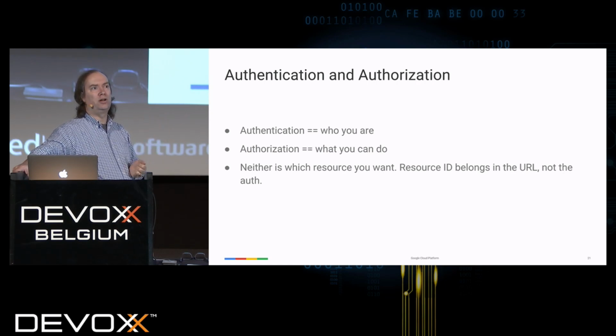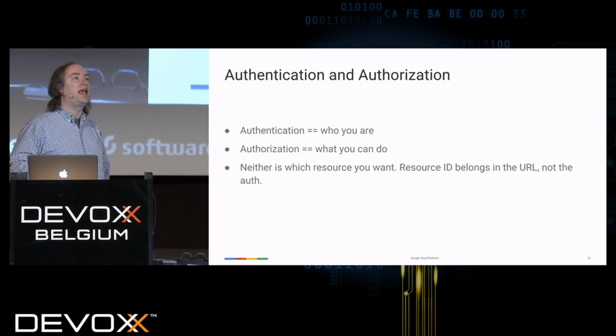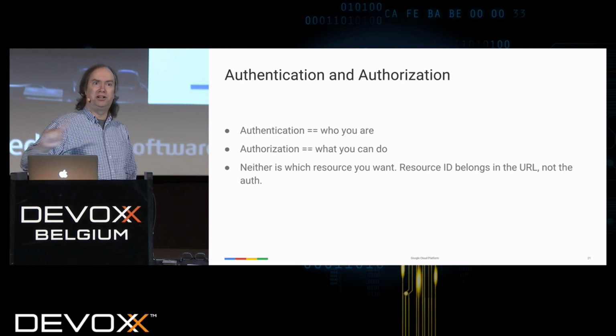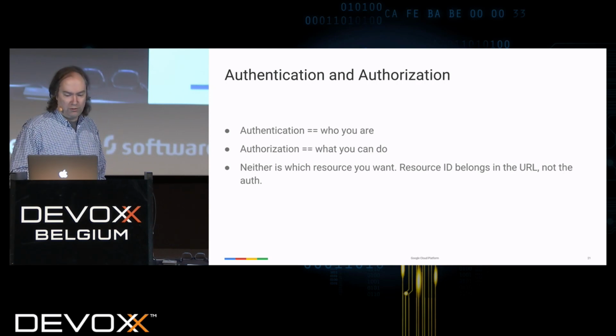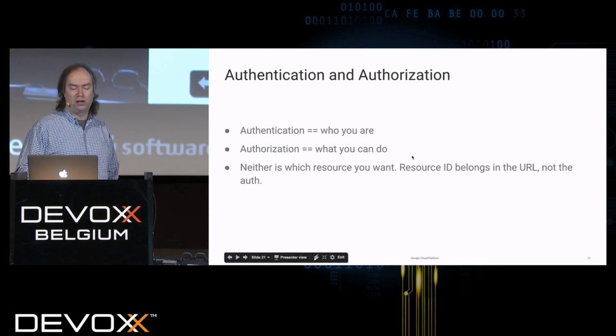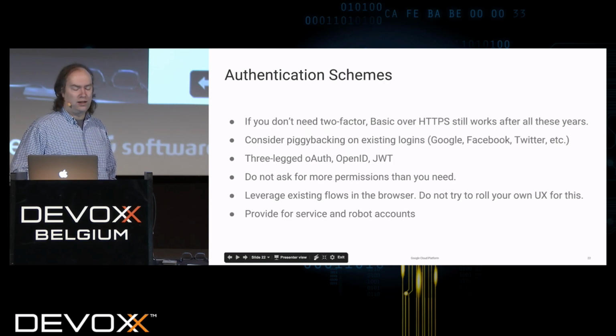Which resource you're going to, which data you're getting, should be purely defined by your URLs, never by your authorization or your authentication. I should be able to have a URL that points to your mailbox, but that doesn't mean I can see your mailbox if I'm not authorized to do so. And that has a lot of implications. It is true on the web and violated on the web all the time to bad effect. It is triply true when you're working with APIs. Do not confuse the authorization authentication with the resource.